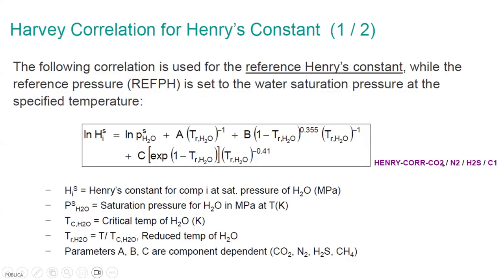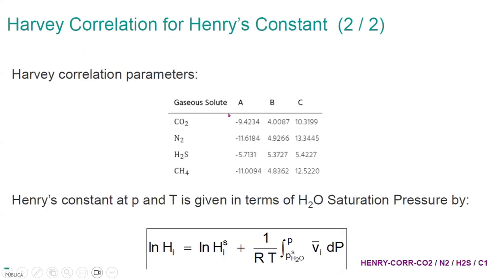This is the keyword in GEM, Henry's correlation for CO2. It's available for some gases: CO2, nitrogen, H2S, and C1. The equations are here. Basically, what changes are the coefficients, which differ between the gases.